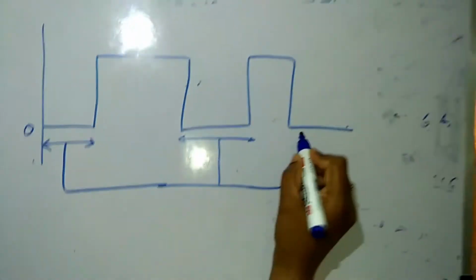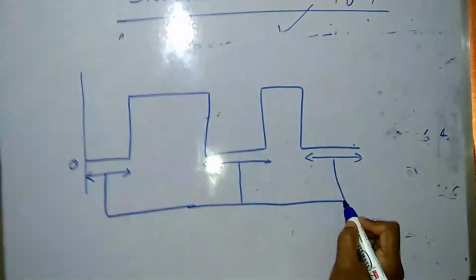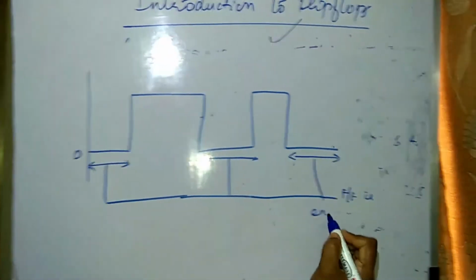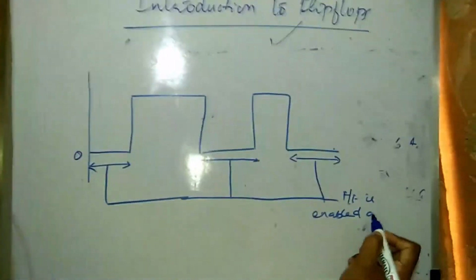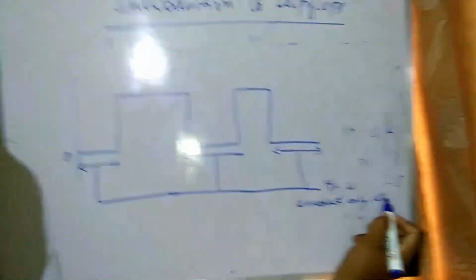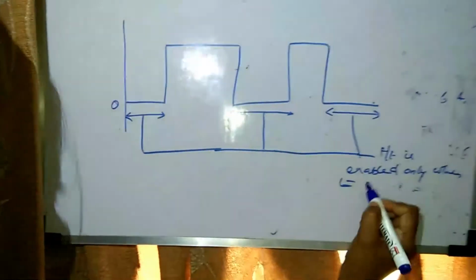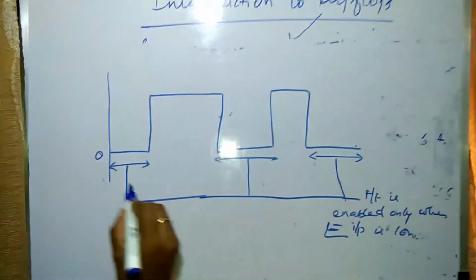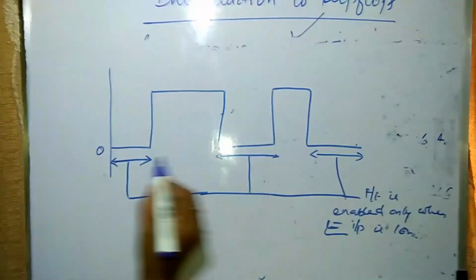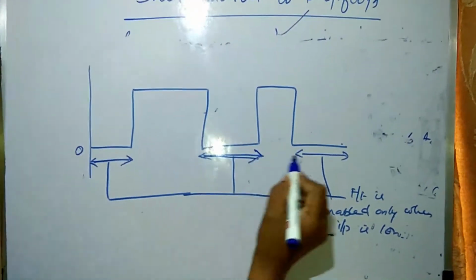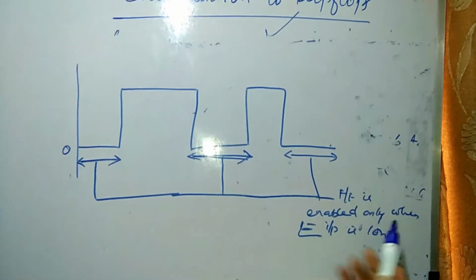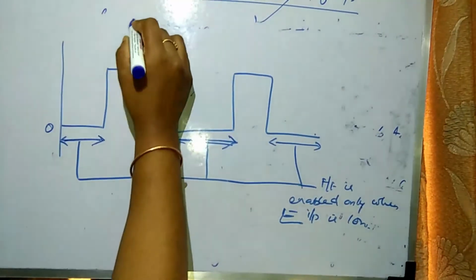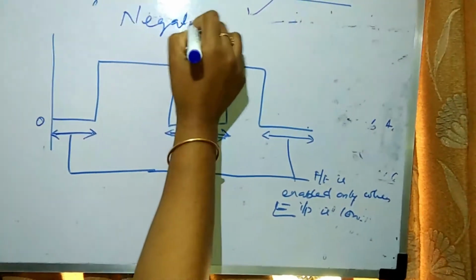Let me say that the flip-flop is enabled only when E, that is the enable input, is low. You can see that very well in the diagram when I point to these low areas. 0. So the flip-flop is enabled only when E is low, and that condition is called negative level triggering.